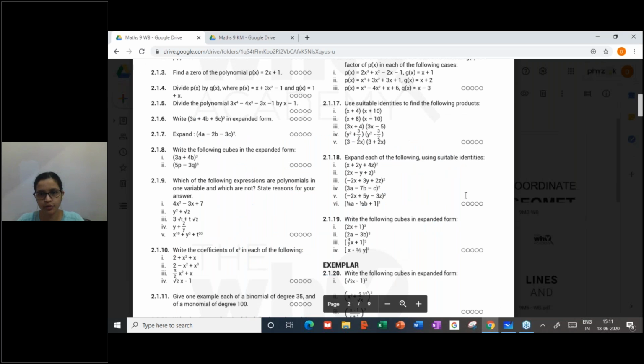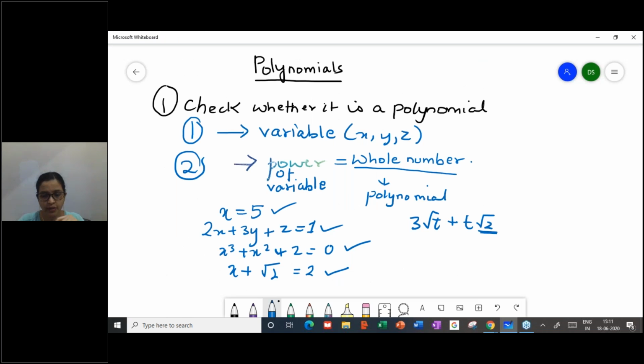Ignore this root 2. This becomes a coefficient of t, so we are not looking at the coefficient. We are looking at the power. In this case it becomes t to the power half, which is not a whole number, hence it is not a polynomial. Is it okay now? Okay, got it.